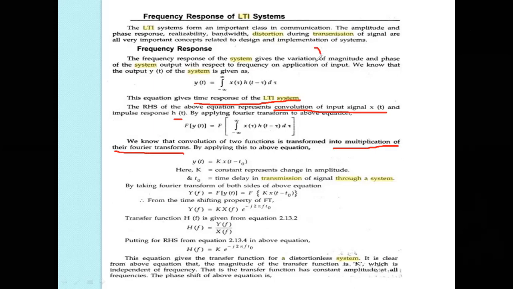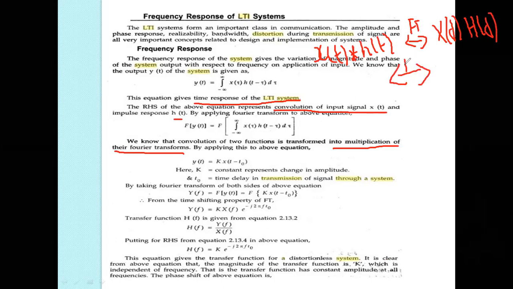So according to convolution in time, if the Fourier transforms of x of t and h of t are X of f and H of f, we get the product. Or in terms of angular frequency, X of omega into H of omega.